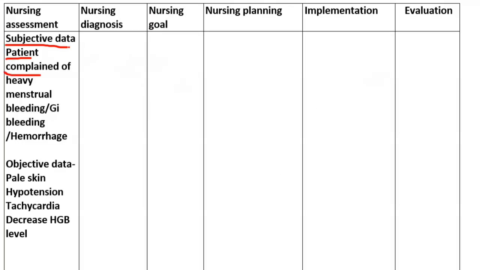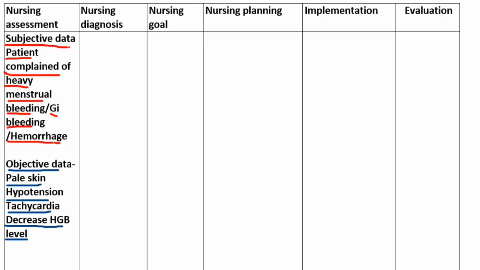Nursing assessment. Subjective data. Patient complains of heavy menstrual bleeding or GI bleeding or hemorrhage. Objective data. Pale skin, hypotension, tachycardia, and decreased hemoglobin level.